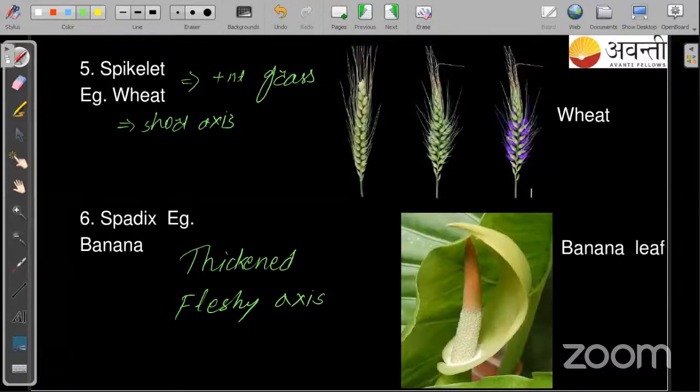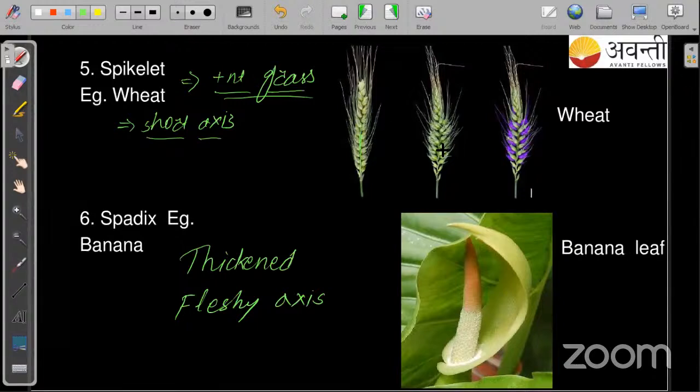In case of spikelets, it is present in grass, grass-like plants, like wheat, like rice. And here is the short axis. So what is meant by axis? Axis is this part attached here on the central side.